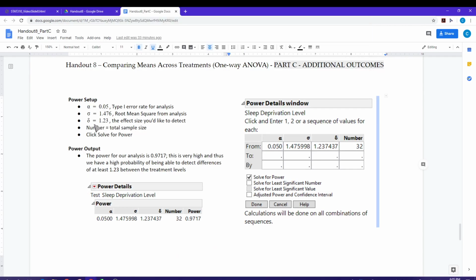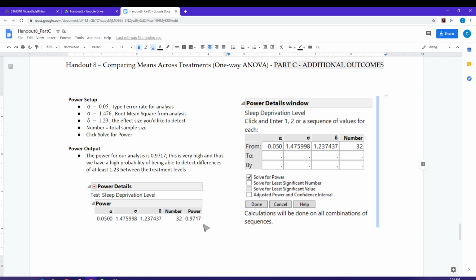The effect size is denoted by the delta here. That defaults to 1.23, which is probably the average difference across all the comparisons. It's probably the default value there. The number is just my total sample size. I had, I think, 8 in each group. I had 4 groups, so that's 32 there. So if I leave this as the default and say solve for power, click done, it's going to do a power calculation for me.